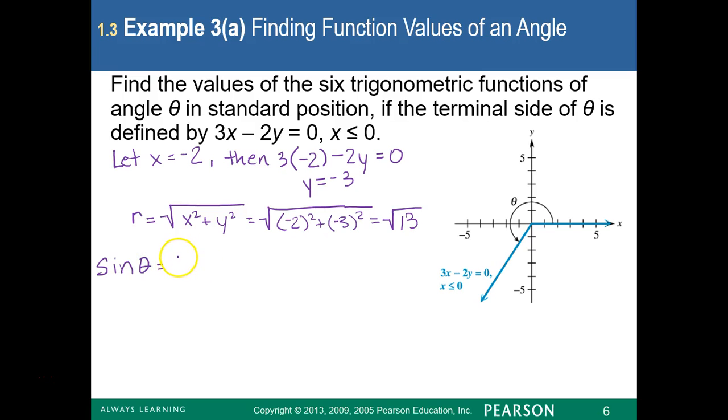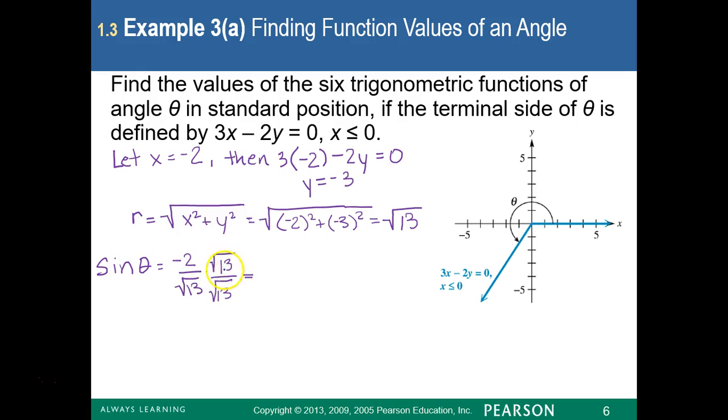All right, sine is y over r, so negative 3 over the square root of 13. Now, this form right here, our answer for sine of theta, is not in the correct form that I want you to write it in. I want you to rationalize the denominator. If you don't remember how to rationalize the denominator, watch this next step. You want to rationalize the denominator by multiplying both numerator and denominator by the square root of whatever is in the radical here.